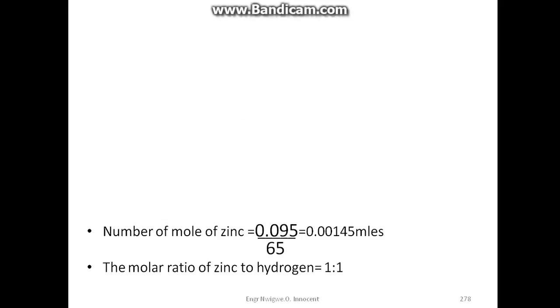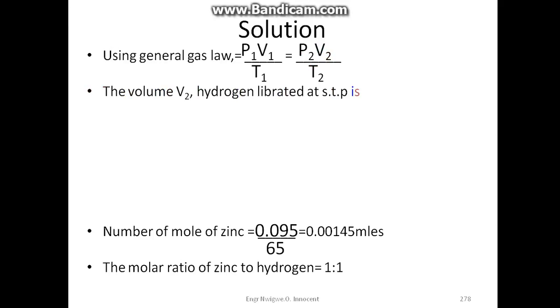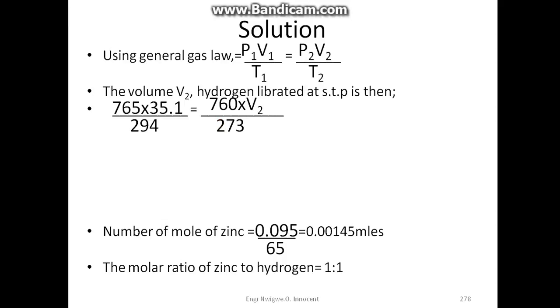Calculate the molar ratio of the zinc to hydrogen. Solution. Using the general gas law, P1V1 over T1 is equal to P2V2 over T2. The volume V2 of hydrogen liberated at STP is then 765 for P1 times 35.1 for V1, divided by T1, 294, which equals P2, 760, times V2, which is unknown, divided by T2, 273.